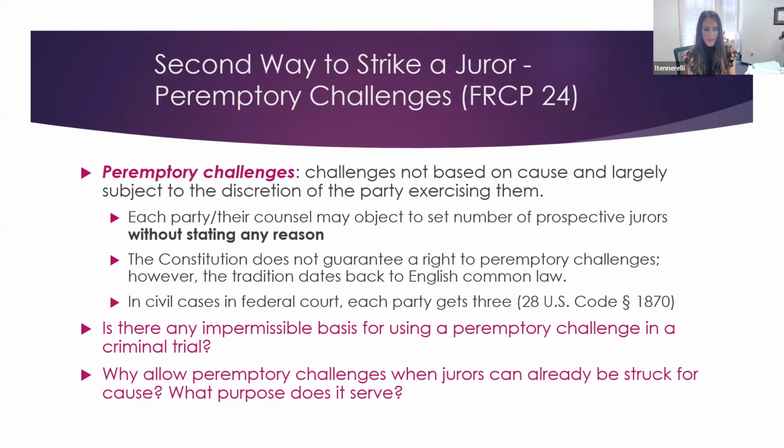But before we get there, why allow peremptory challenges at all? We know jurors have already been struck for cause, so we're not worried about actual or implied bias. They've already been struck if they aren't qualified. Why should the system allow peremptory challenges, period?